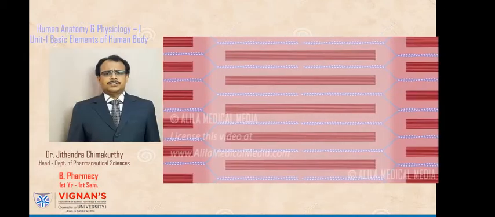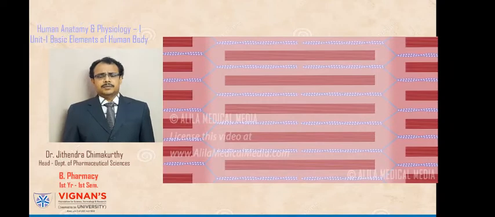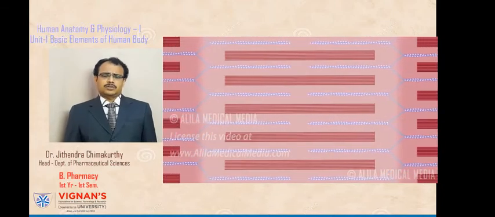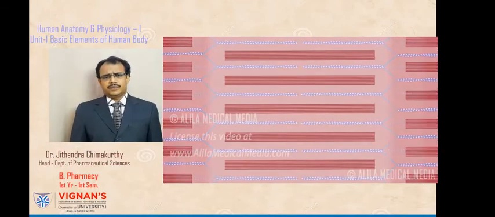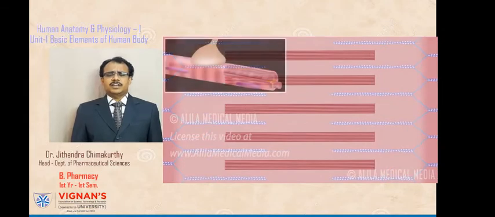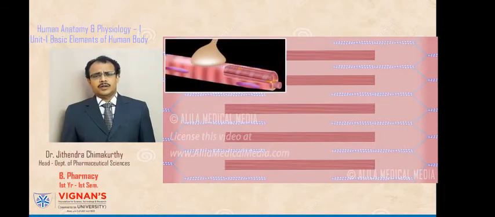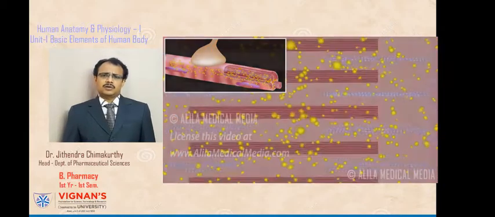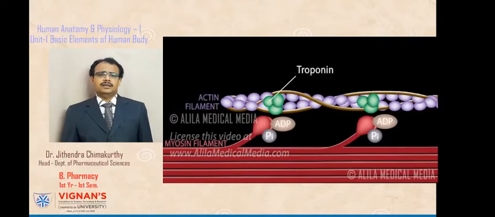Whereas under physiology, we will be studying the function of that particular organ and its purpose in the body. In this way, we will be studying the anatomy and physiology of all the systems and all the organs of the systems in the body.